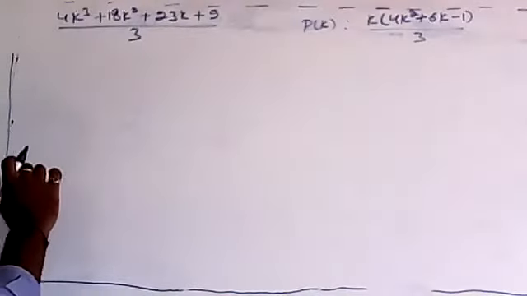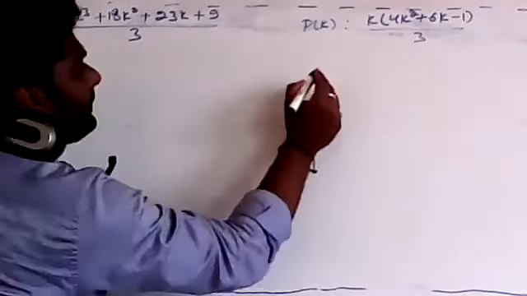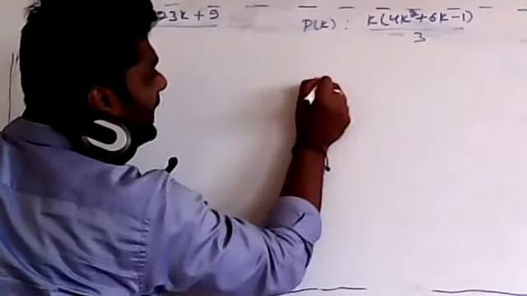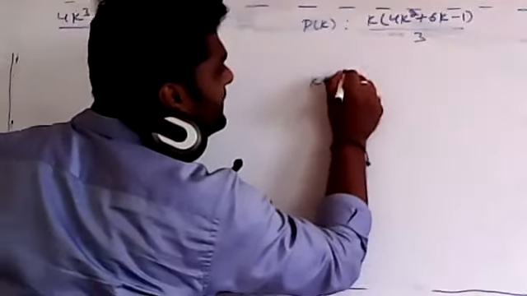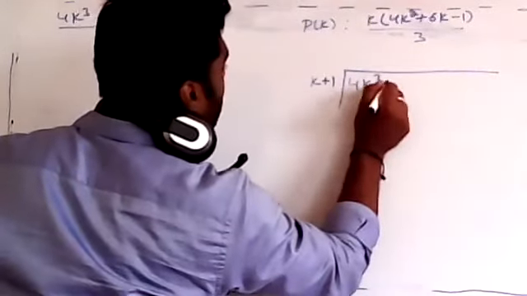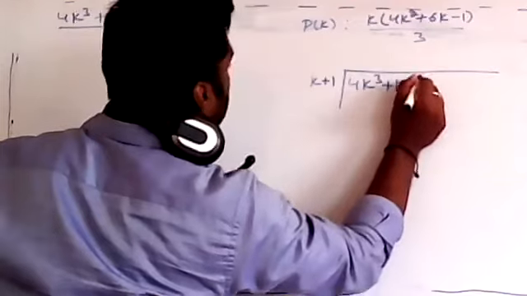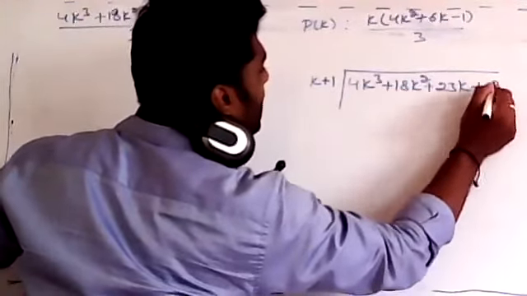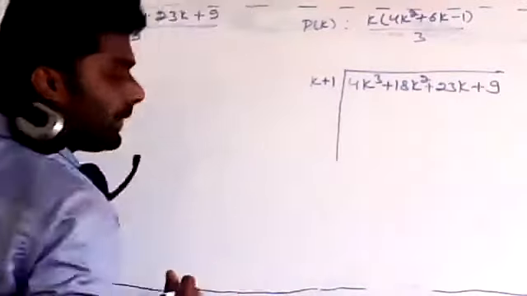So what I'm doing is taking k plus 1 outside. Just check this one: 4k cube plus 18k square plus 23k plus 9. Correct? Okay.